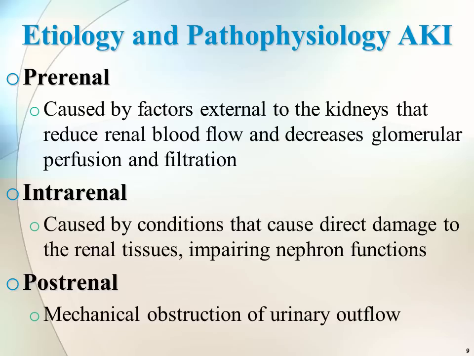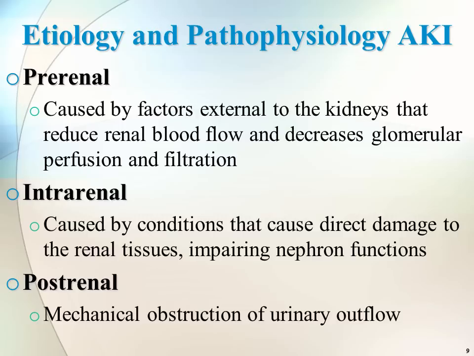So the decrease in blood flow causes a decrease in GFR, and that decrease in blood flow causes renal tubule ischemia, and that ischemia can result in tubular necrosis and death. So when we talk about a pre-renal cause, we're really talking about a problem related to tissue perfusion, the kidney not being perfused properly.